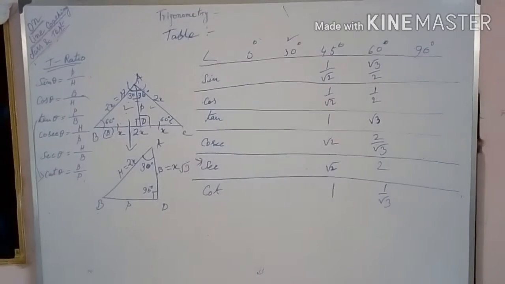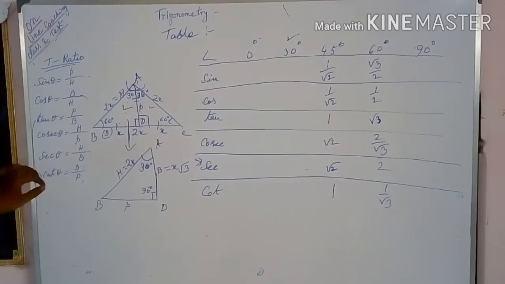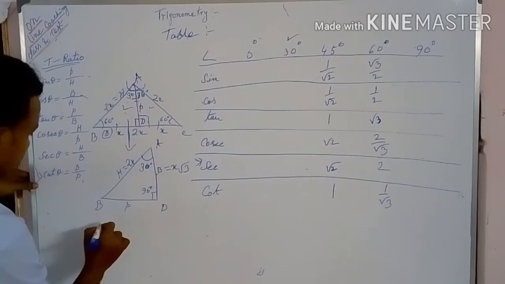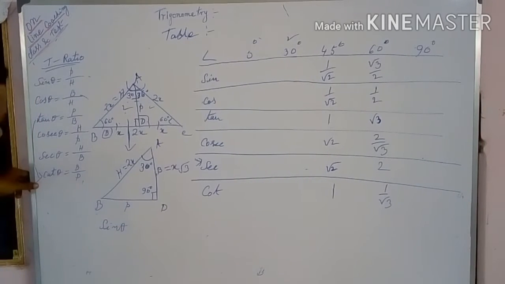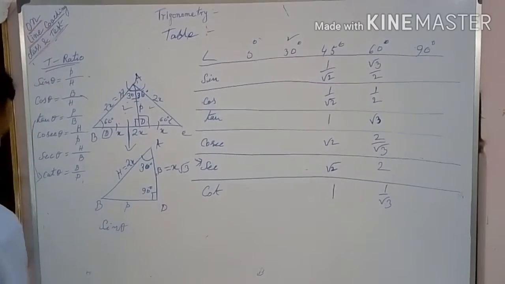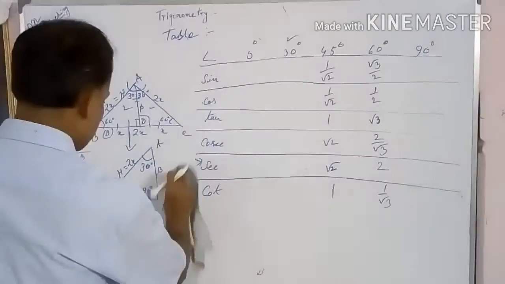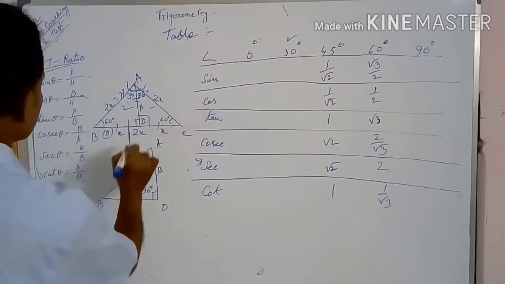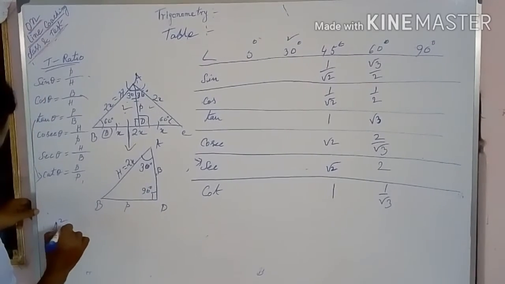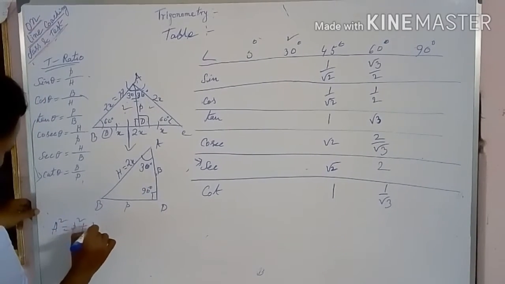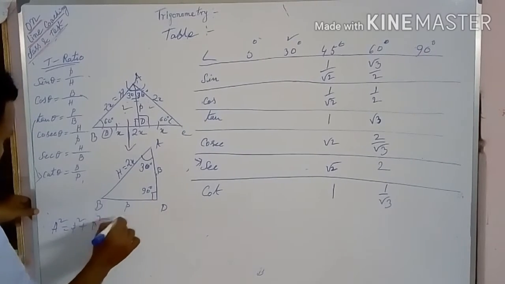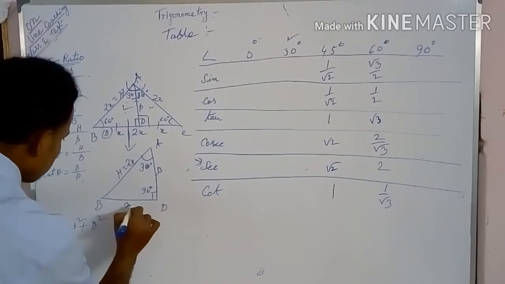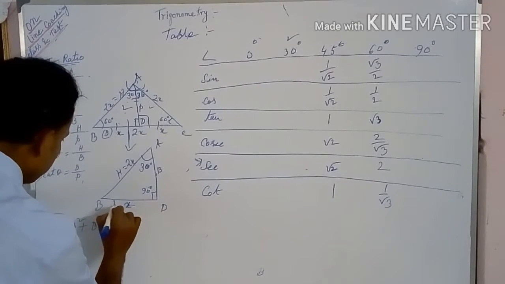So sin 30 degree. Again applying the Pythagoras theorem, this is x, this is perpendicular.